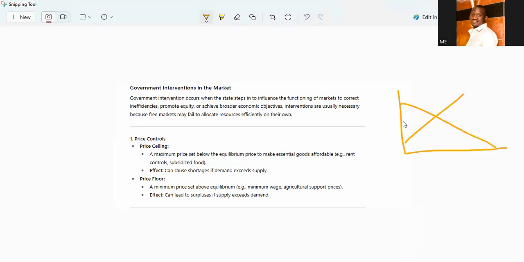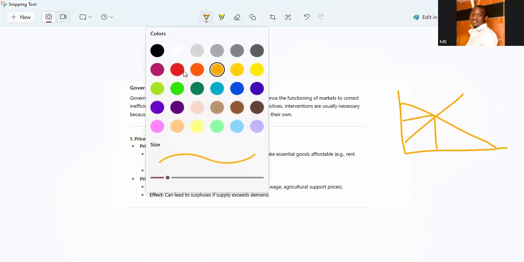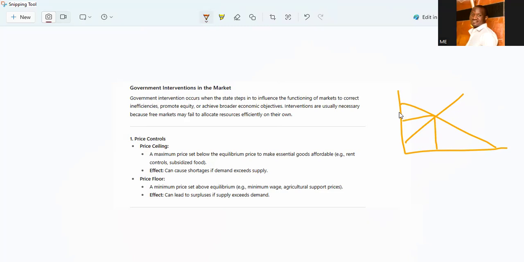So here is the equilibrium. Okay. So right above the equilibrium, we can set a minimum price. So this is called our floor price. And here we can also have our price ceiling just below the equilibrium.